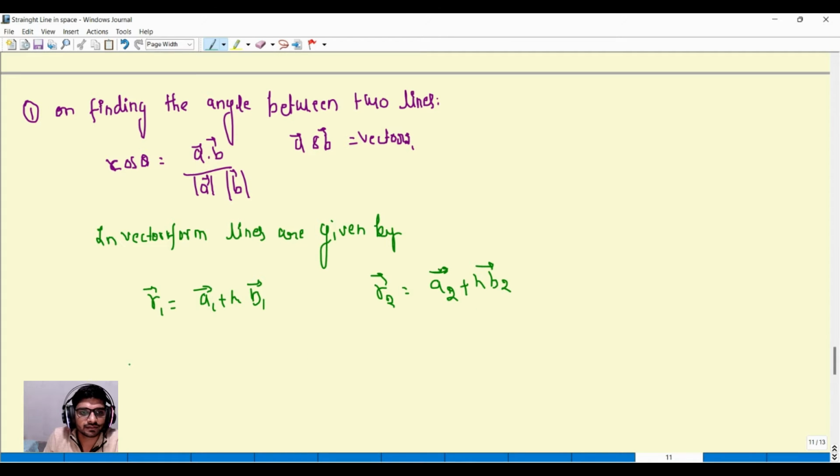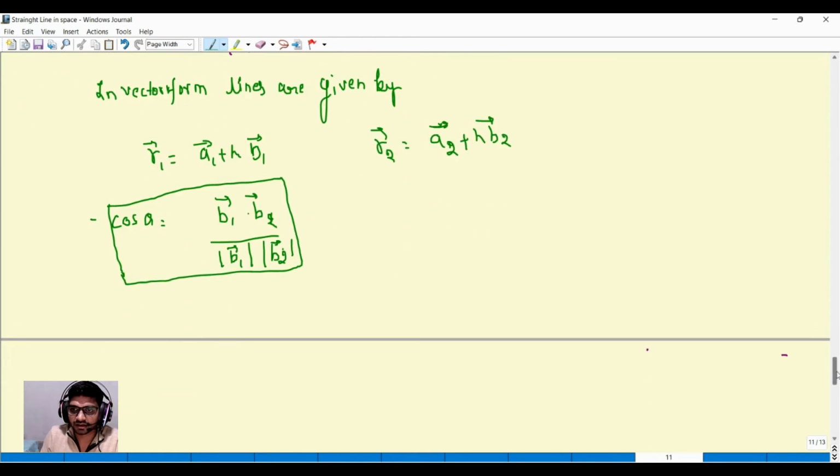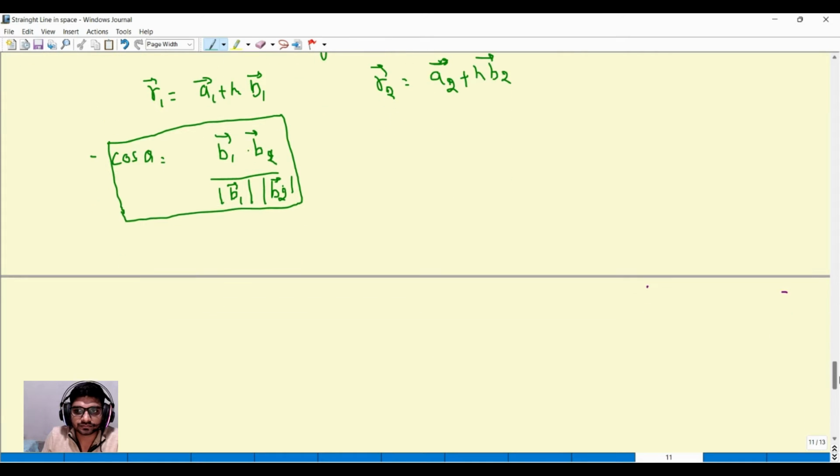So how do we find the angle between these two lines if they are given in vector form? In vector form, cos theta equals b1 dot b2 upon mod of b1 times mod of b2. This will give the angle between the two lines if they are in vector equation, which was discussed in the previous lecture, lecture number 3.